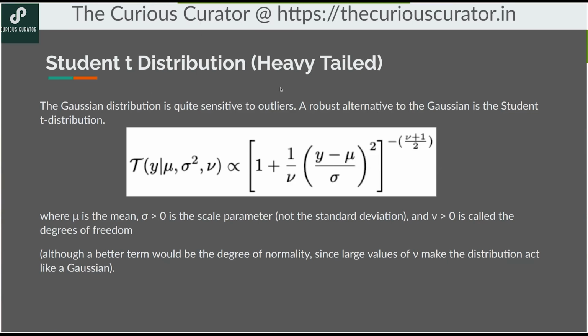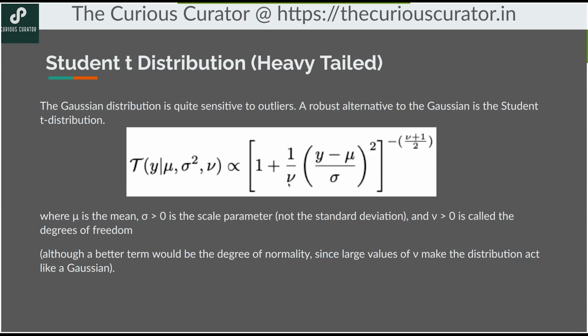Okay, so whenever you want to model something robust, more insensitive to outliers, you have this parameter which controls the degree of normality. The larger the v, because we already have a mu, I think this is also called nu or something. Anyway, there are a lot of Greek alphabets.